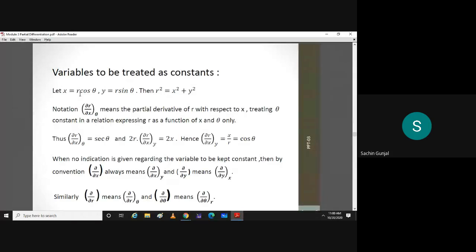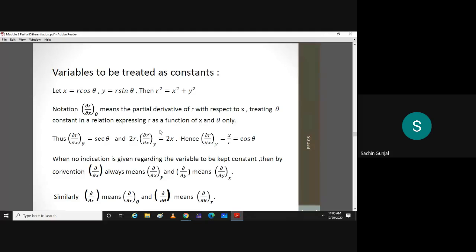Because you can write this r as x by cos theta. Okay, so x by cos theta is nothing but x sec theta. Now r is equal to x into sec theta. Differentiate it with respect to x, so that becomes sec theta.